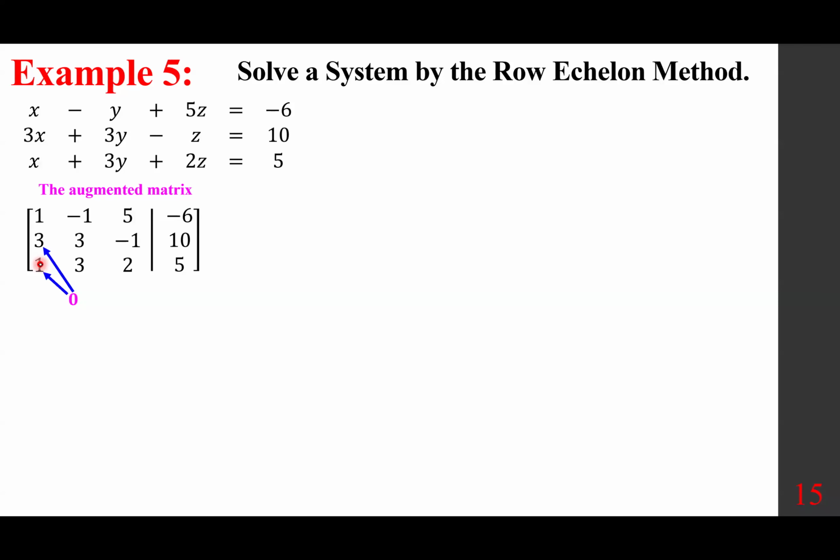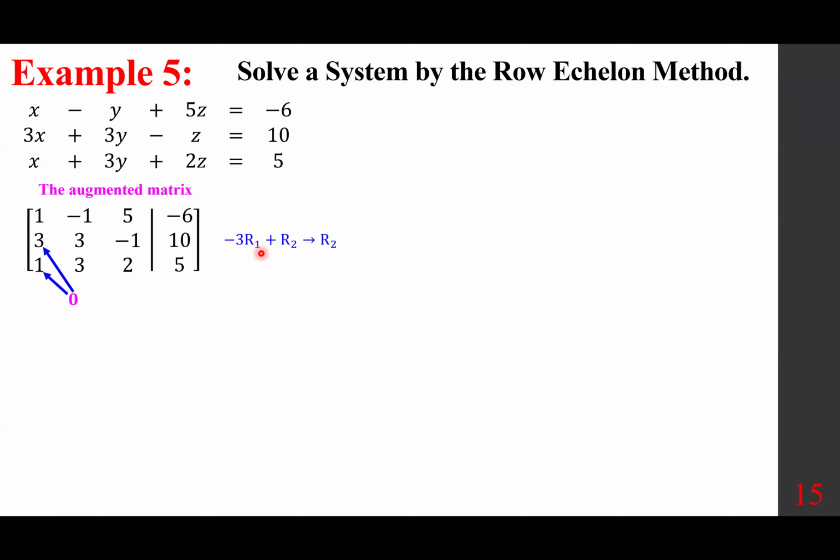So how do we make him 0? Well, for this one, if I multiply this one by 3 and subtract from it, that means negative 3R1 plus R2 gives me the new R2. For this one, simply multiply this by negative 1 and add it to this one, or simply R3 minus R1, either way.